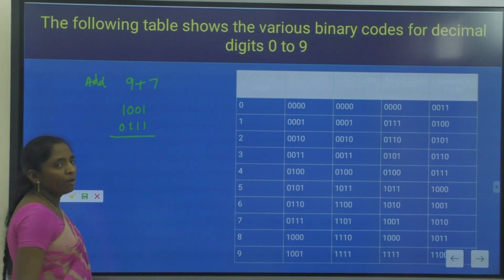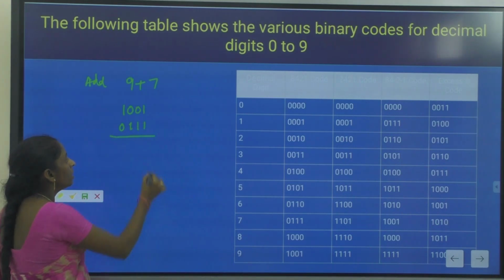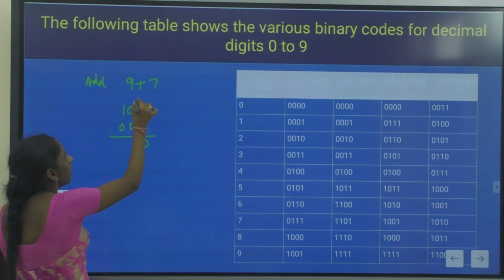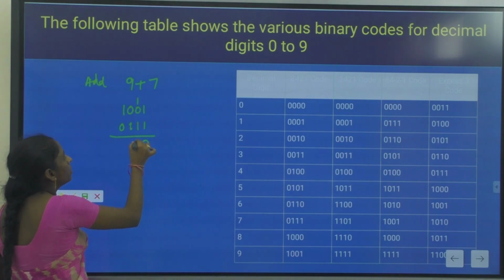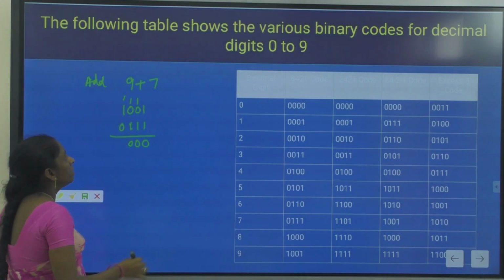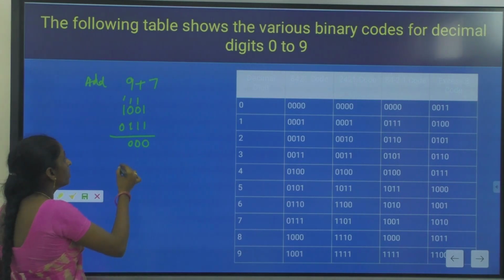Okay. Now add these numbers. 1 plus 1, 0 with carry 1. 1 plus 1, 0 with carry 1. 1 plus 1, 0 with carry 1. 1 plus 1, what is the value? 1 plus 1, 0 with carry 1.